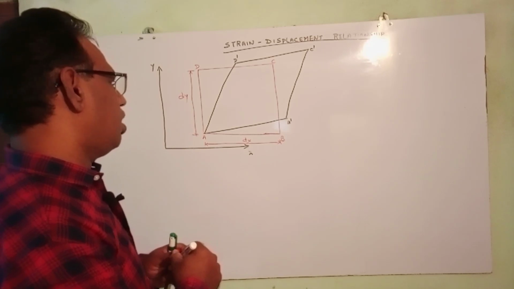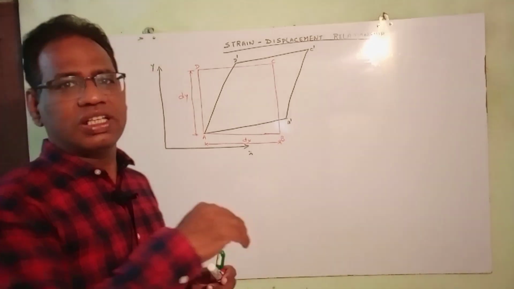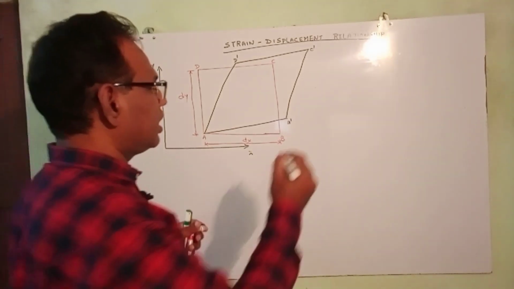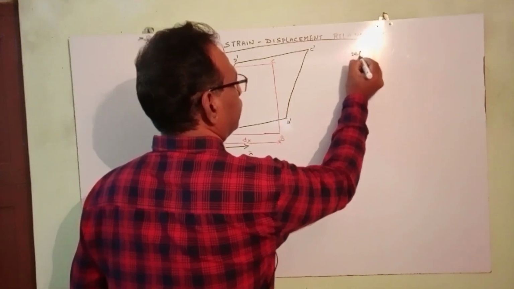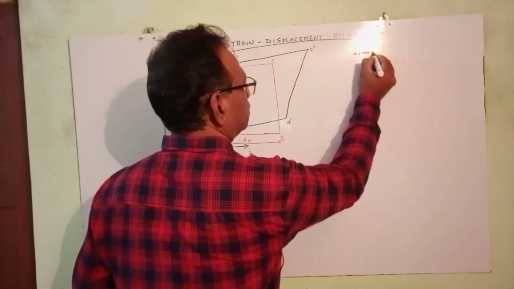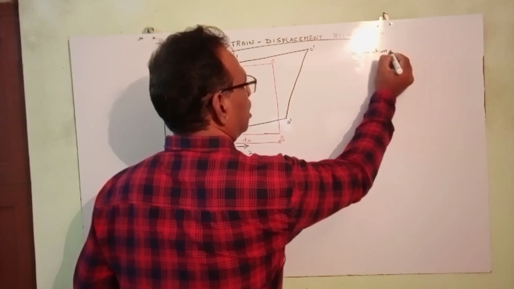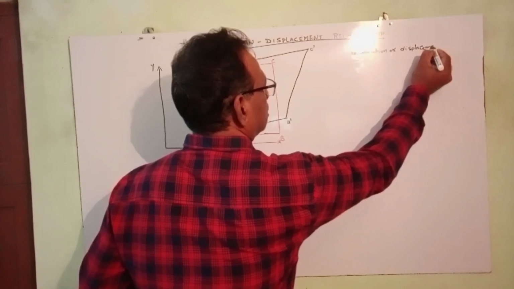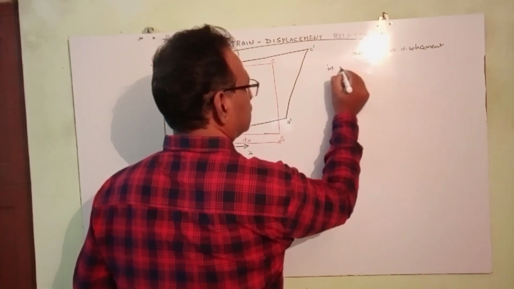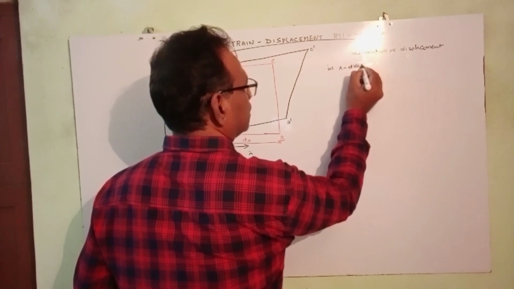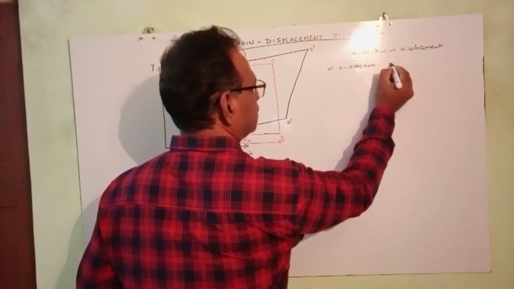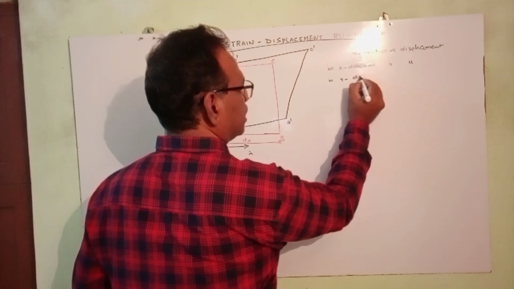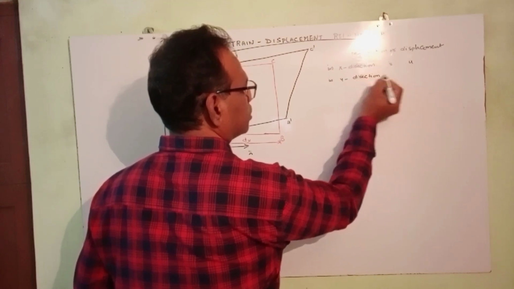Now I am going to consider the deformation or displacement in the x direction, along the x-axis, as small u, and in the y direction it is considered as small v.